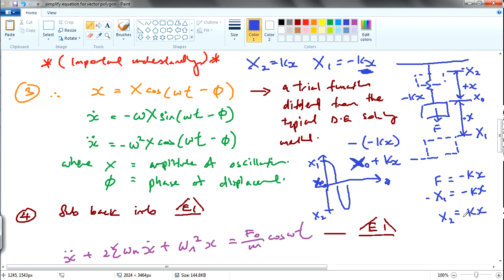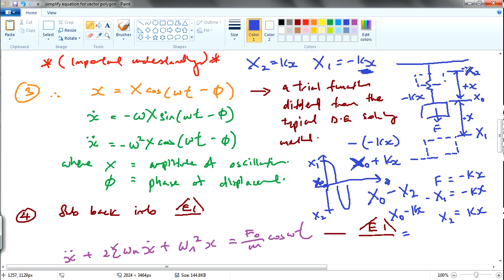For another example, the position x2 over here is plus kx. So if x naught minus x2, or in other words x naught minus kx, you have the position at x2 itself.